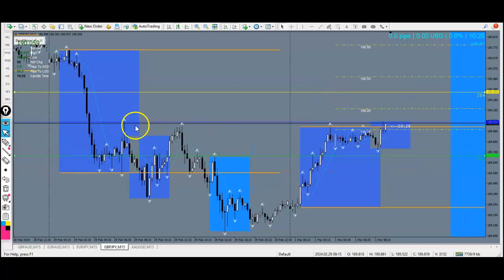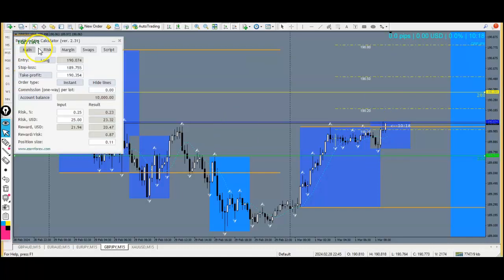Okay, so on our pound yen, it's already broken this high here, so we'll be looking to place a trade. Let's see if price will come back down again to these levels. I would really like for it to come back down to these levels.